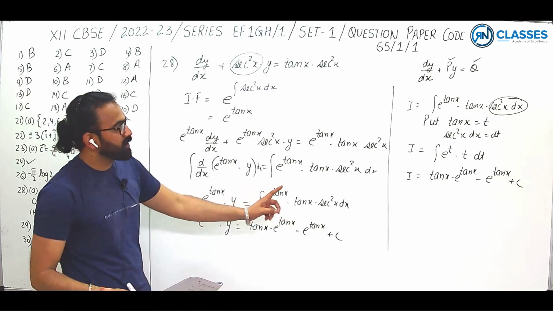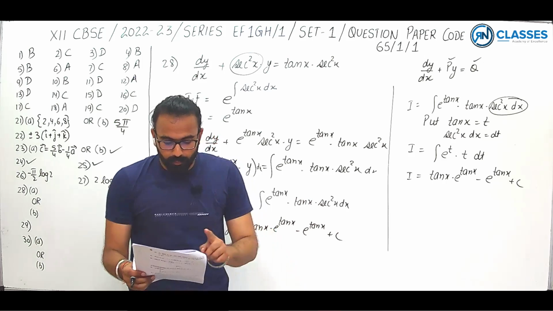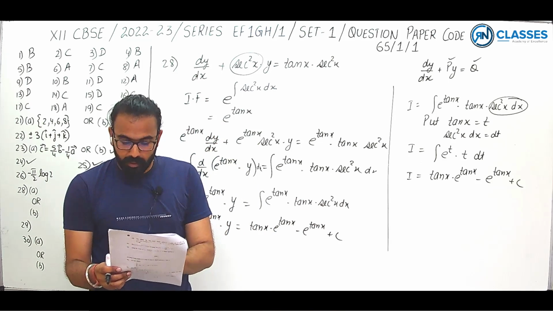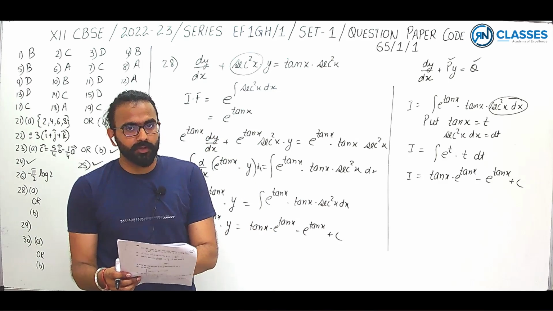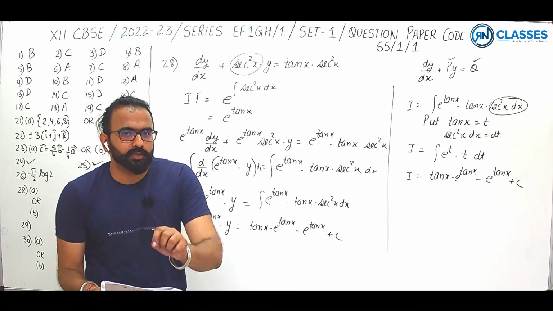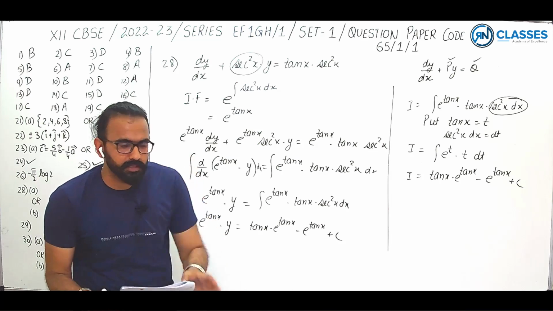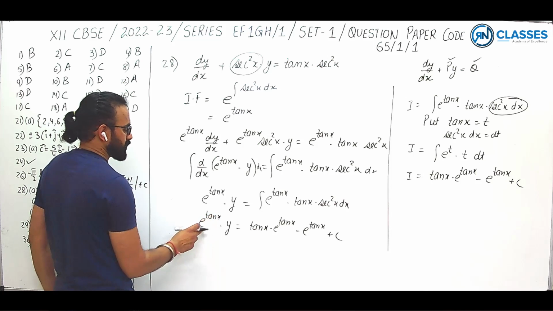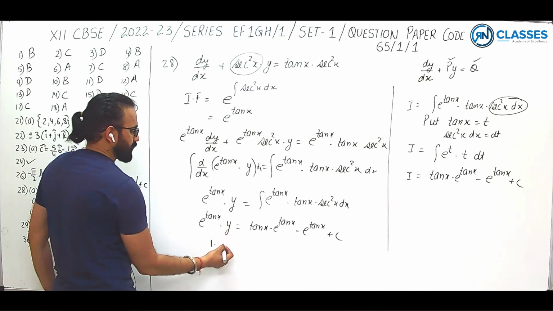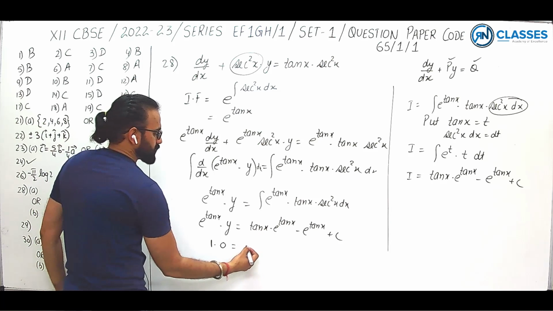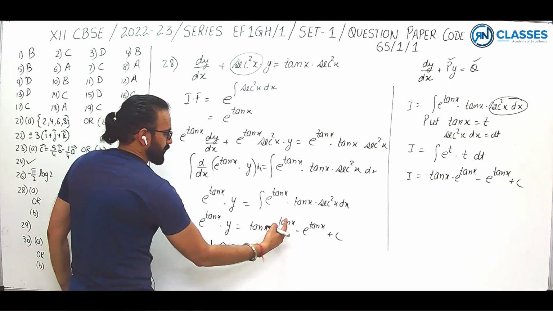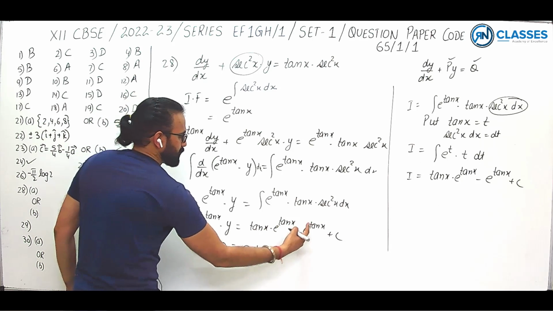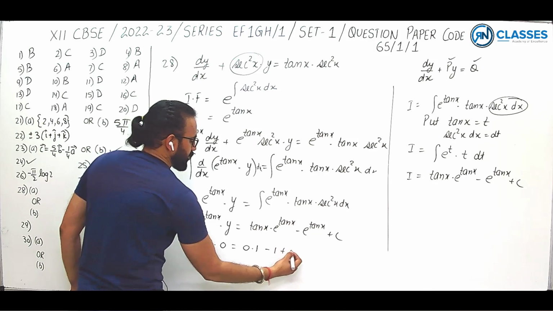But this is the general solution. We need to find its particular solution, that is y of 0 equal to 0. Means if I put x as 0, then the value of y will also be 0. If we substitute x as 0, tan 0 is 0, e raised to power 0 is 1, into y value 0, equals tan 0 is 0 into e power tan 0 is 1, minus e power tan 0, that is again 1, plus c.